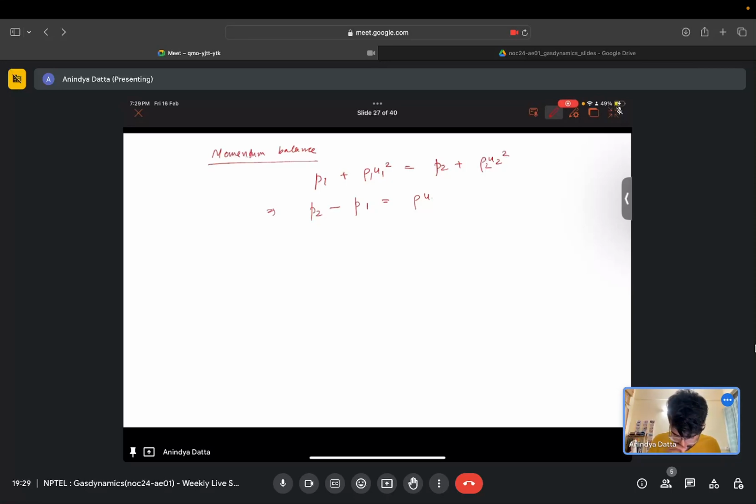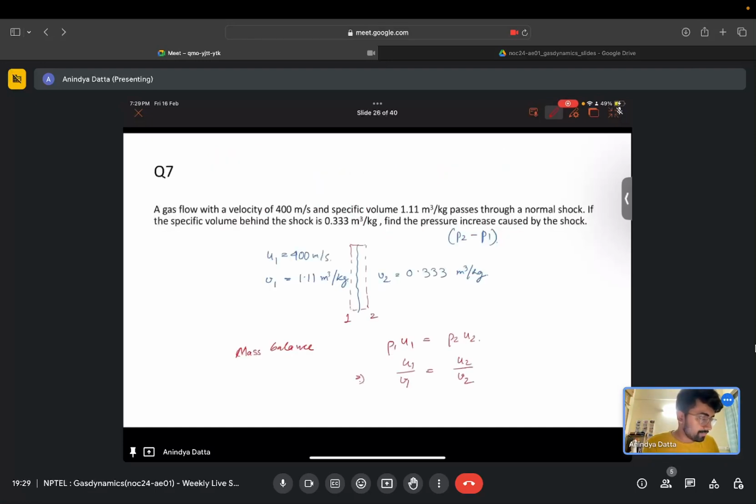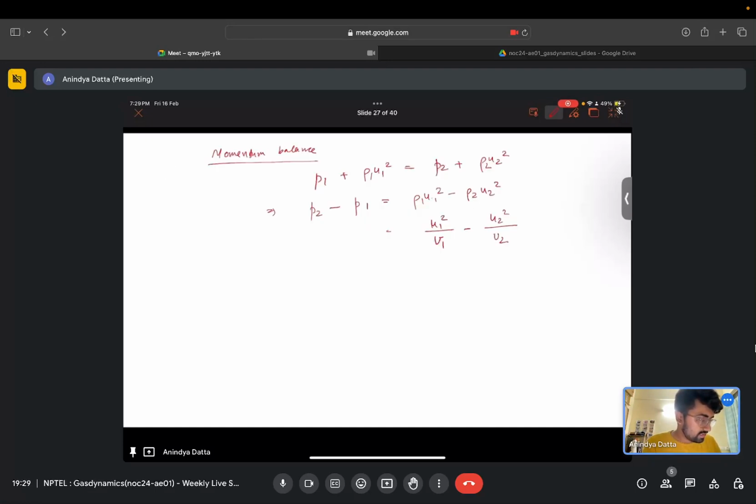So P2 minus P1 is equal to rho 1 u1 square minus rho 2 u2 square. So this is u1 square by v1 minus u2 square by v2. So this is the equation we need.